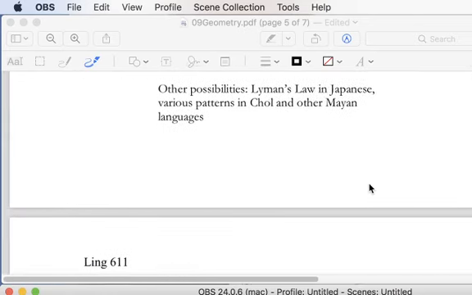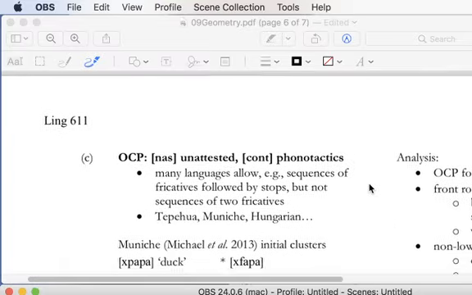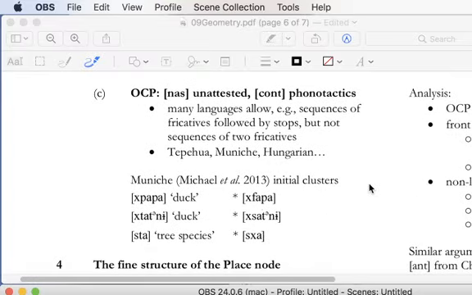And then finally, there's the OCP effects. What do we find for OCP effects for these two features? As McCarthy notes, OCP for nasality is unattested. We don't know of any language that shows OCP effects where you can have nasals, but you can't have two nasals in the same word or something like that. It just doesn't seem to exist.